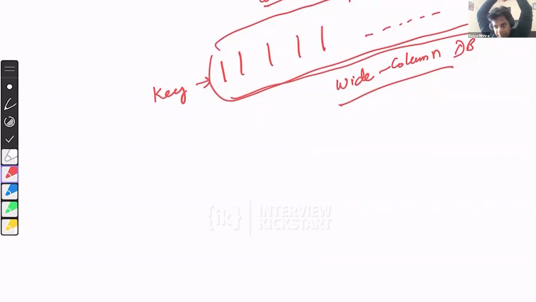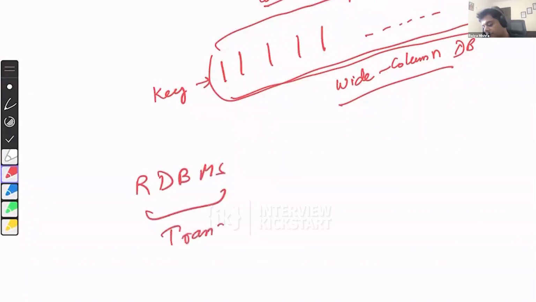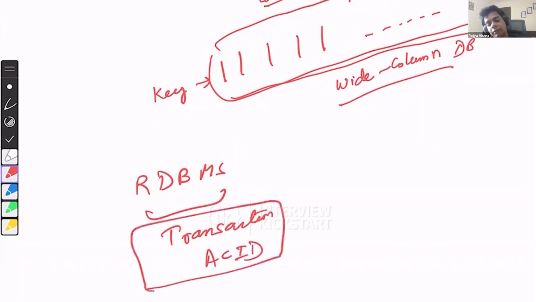RDBMS has something which no other database in the world has. They give you transactions, they give you the ACID properties. No other database can give these things. So if your service says that I need transactions and ACID, you can't go for a NoSQL database. So you try vertical scaling.